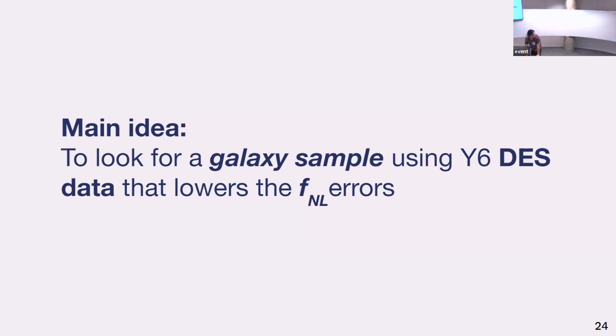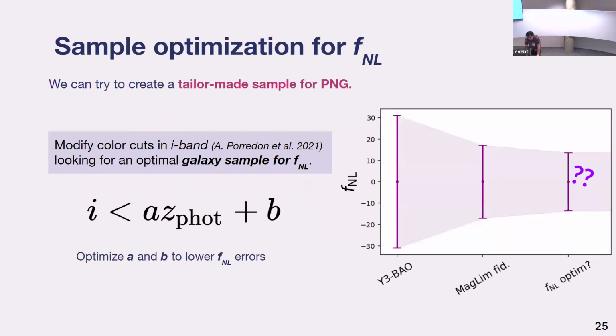So as I mentioned before, you can take the data from the DES and select different galaxy samples. And then you can try to optimize your galaxy sample to lower the errors on this FNL parameter. The main thing that we'll be using is based on this color selection known as the MagLim color selection, where you have this particular selection of the I-band that depends on both A and B and the photometric relationship of the sample.